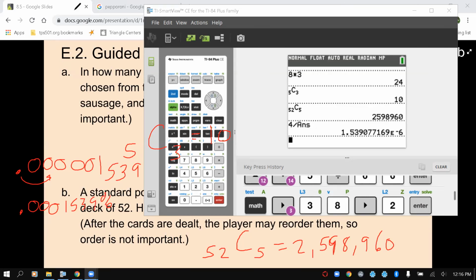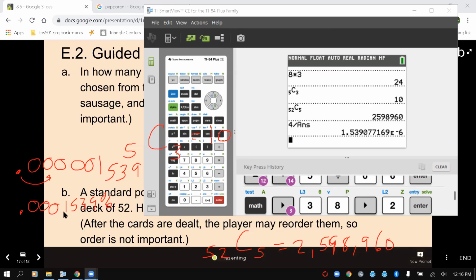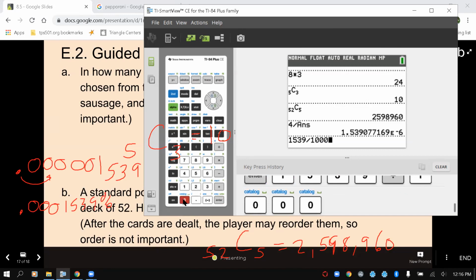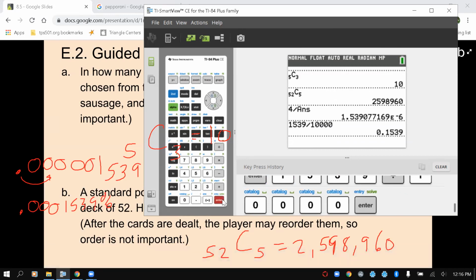If you get a royal flush, it's like a once in a lifetime opportunity. What would that be? That'd be like 1 in 10,000. That'd be 1539 over 10, 100, 1,000, 10,000. No, more than that.